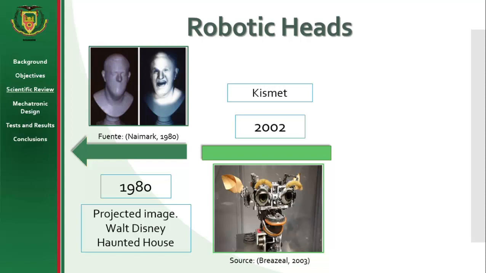Kismet is a robotic head that appeared in 2002, built by Dr. Cynthia Breazeal. The robot can imitate certain human gestures and also move the eyebrows and mouth. Later, the robot named Grace, built for RWI, has an expressive face mounted on a panoramic platform.